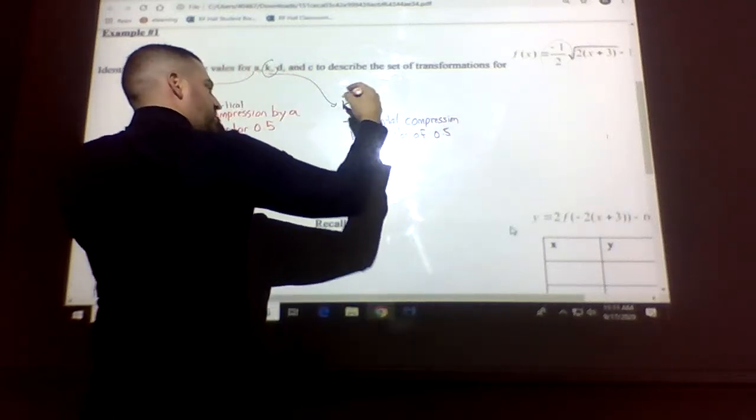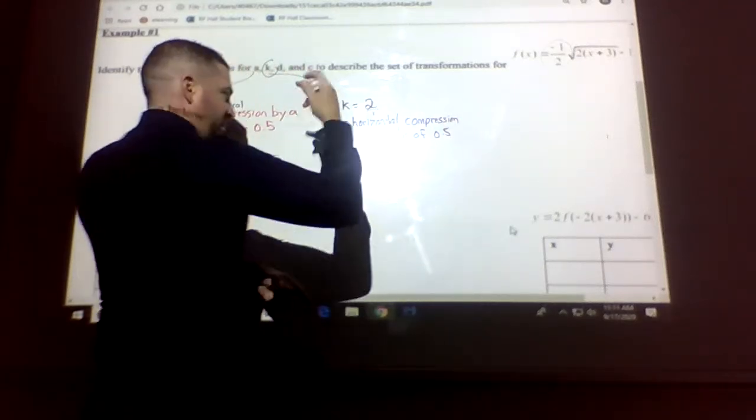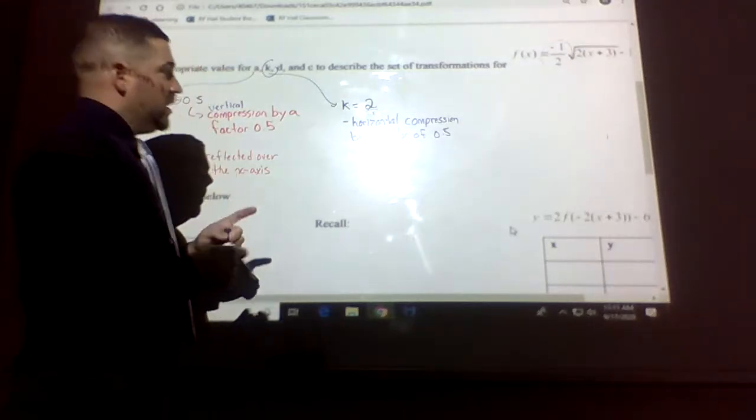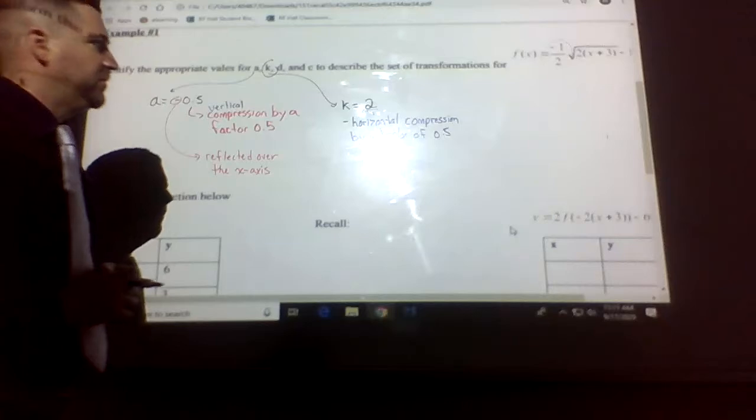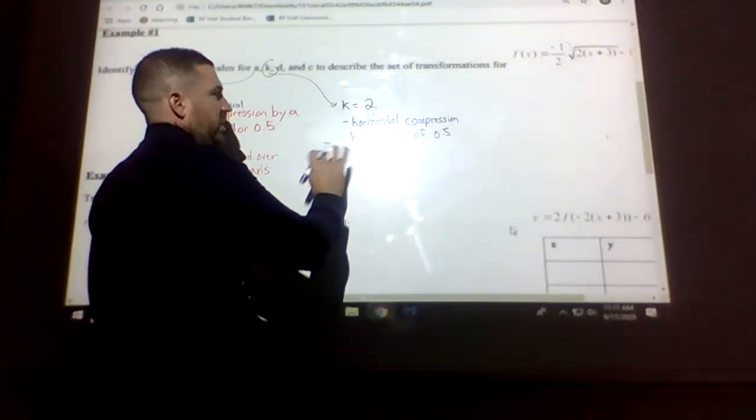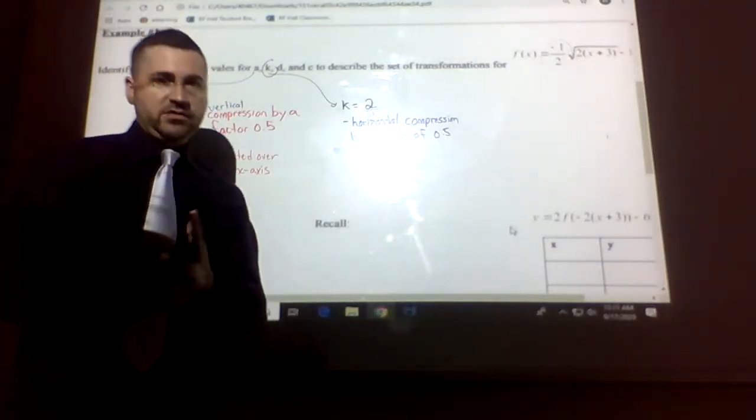Remember we flip it over: it's 2 over 1, we flip it, so it's 1 over 2. So it's a compression by a factor of 0.5. And there isn't any reflection because it is positive.